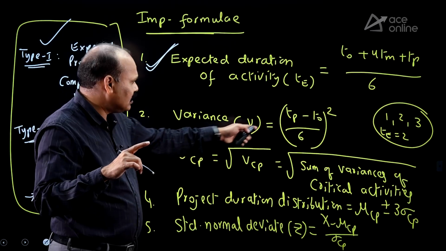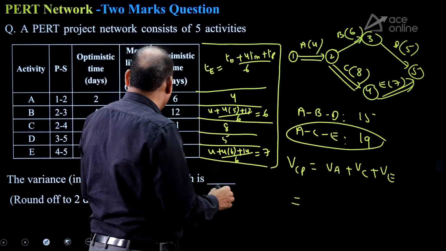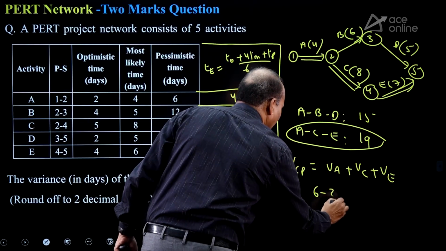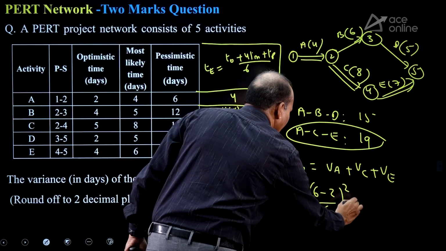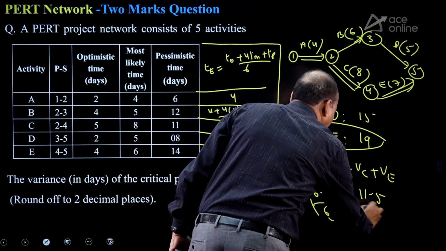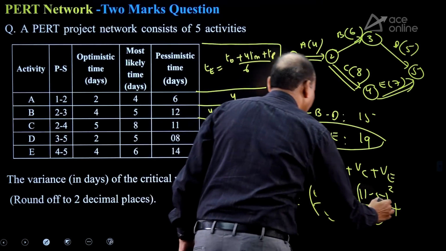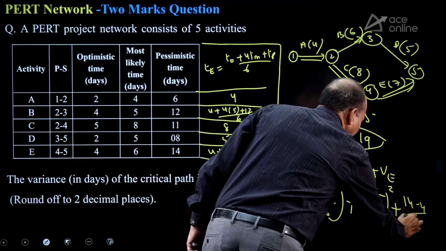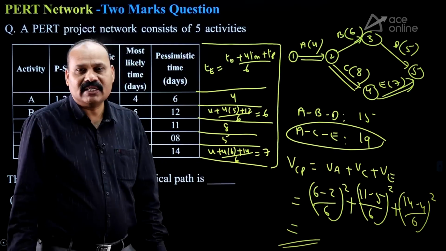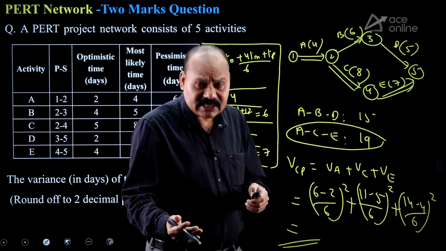For A, (6 minus 2) by 6 whole square, plus for C, (11 minus 5) by 6 whole square, plus for E, (14 minus 4) by 6 whole square. Just simplify and see how much you get. That is the answer, the variance of the critical path. Just see the procedure.